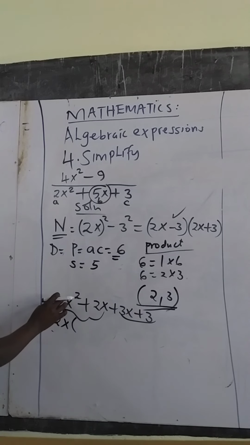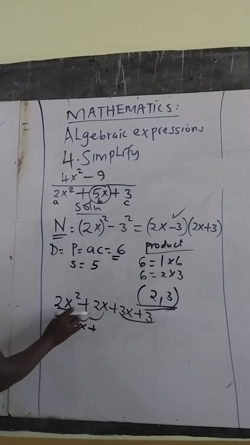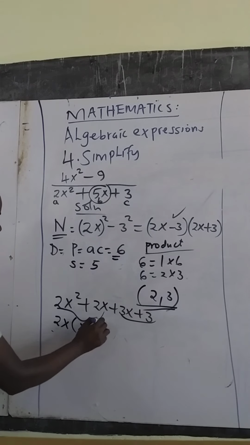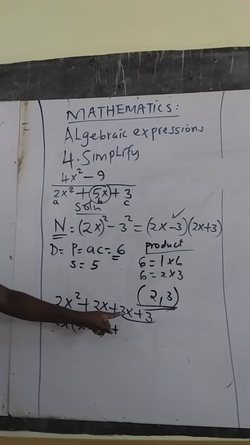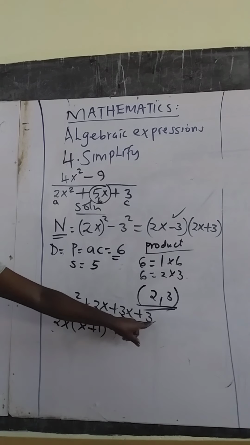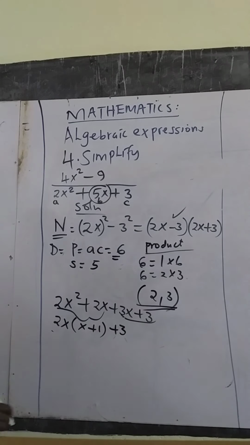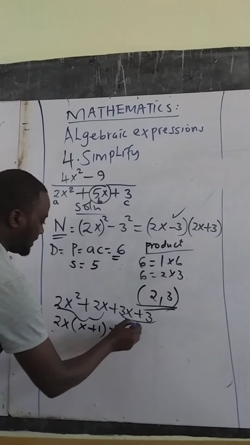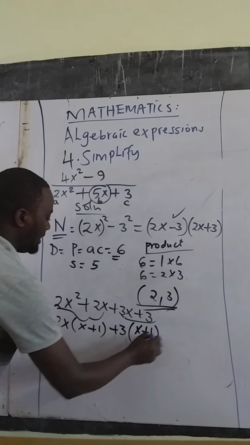Factor out 2x, you will be left with x plus 1. Plus, what is common in 3x plus 3? 3 is common. Factor out 3, you will be left with x plus 1.